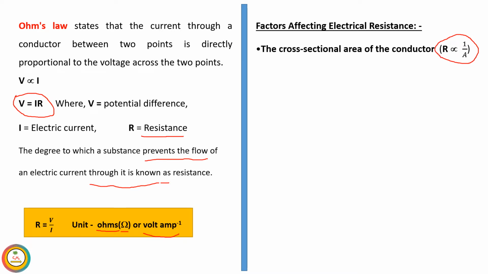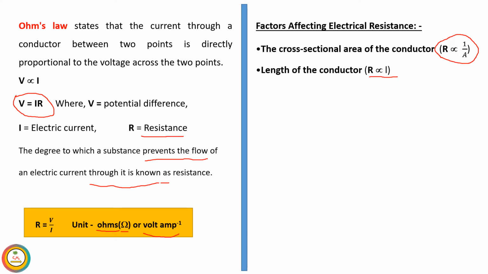Next, the length of the conductor. Resistance is directly proportional to the length of the conductor, R is proportional to L. More length, more resistance of the wire.